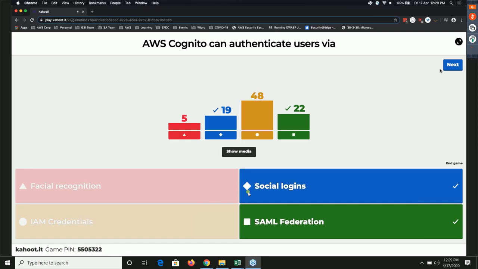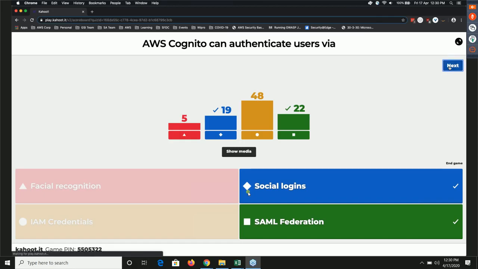So social logins, which I talked about, and SAML federation, which basically you can federate through either Active Directory or any other source that supports SAML. Facial recognition, definitely no. I have 5 people, I think, who chose facial recognition here, and IAM credentials also no. IAM credentials are for internal AWS services.